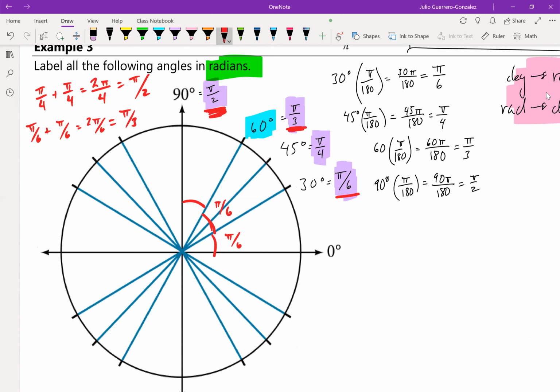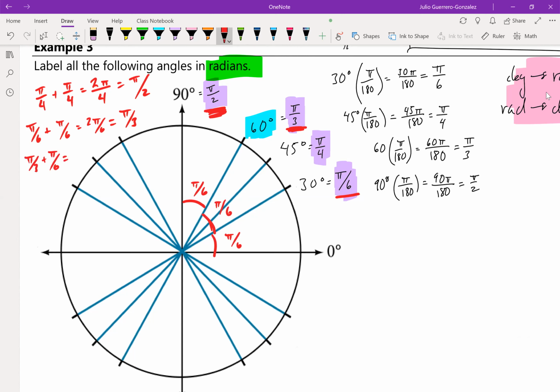And then lastly, we have pi over 3, and if we add another pi over 6 radian measure, then we get pi over 3 plus pi over 6.